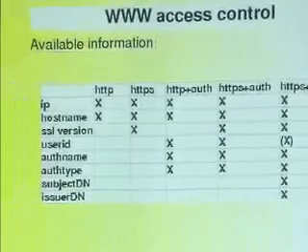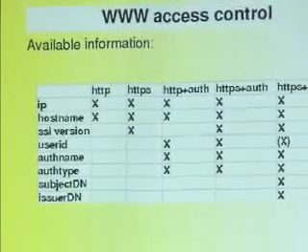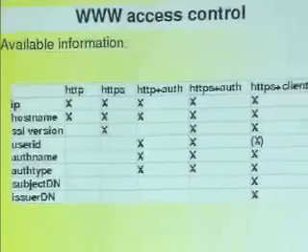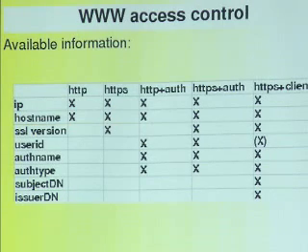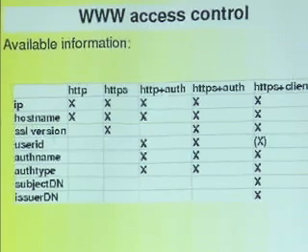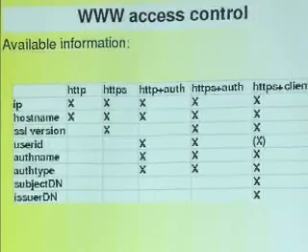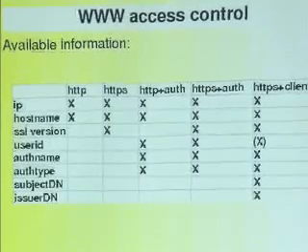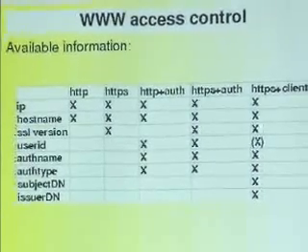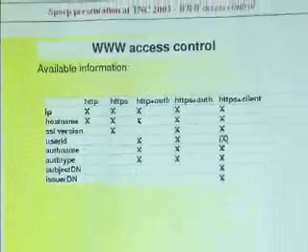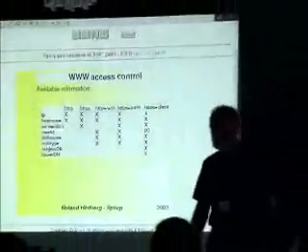With authentication, you have a user ID, an authentication name and authentication types, which come out of the HTTP configuration file. And if you demand client certificates, you also have the subject distinguished name and the issuer distinguished name from the certificate you get from the client. So this is the information you have available, depending on the connection, at the point of access.